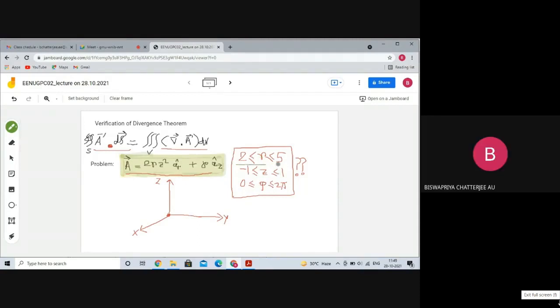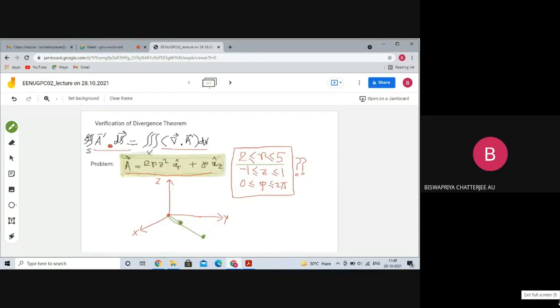You see, R varies from 2 to 5. Let us say this is radius 2 and this is 5. Whatever the geometry is, it persists between 2 and 5, with nothing beyond this zone.